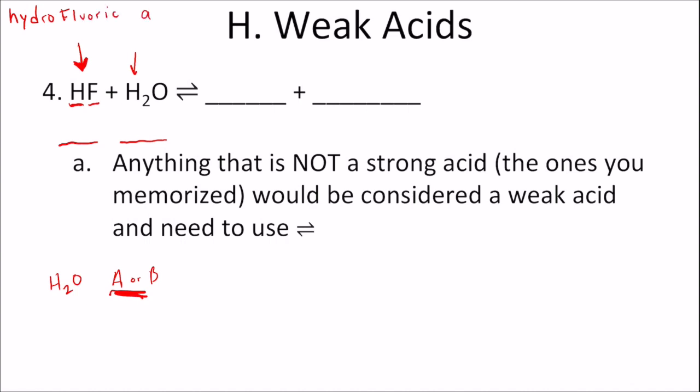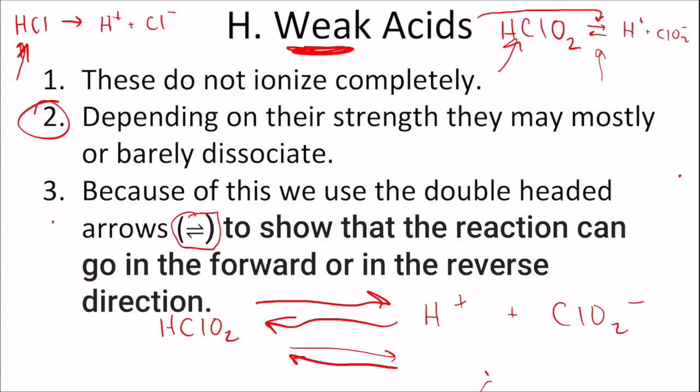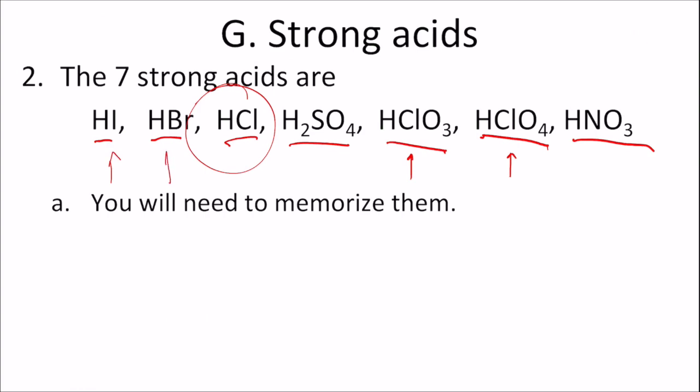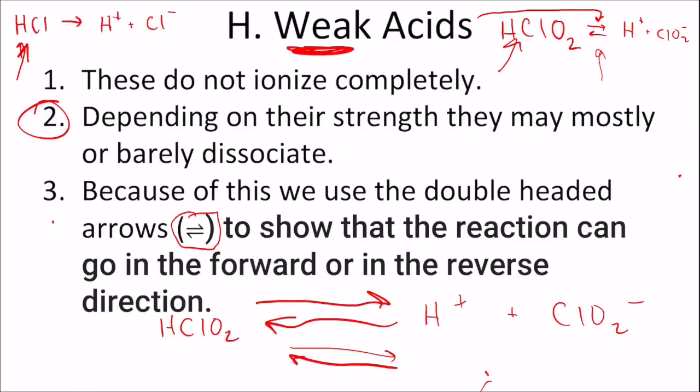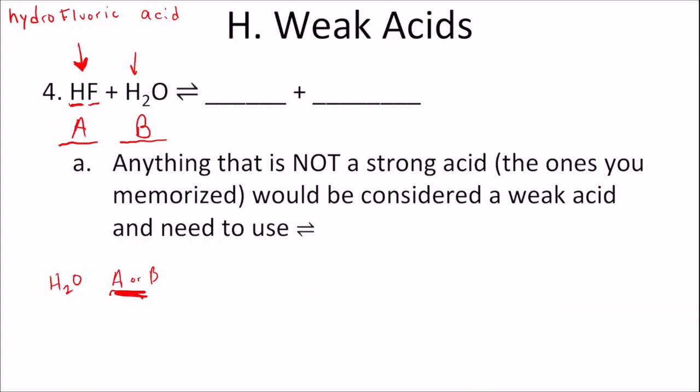So this would be hydrofluoric acid. Okay, so this is the acid. If it's the acid, that means the water has to be the base. Now, is it strong? Is it weak? So then HF, we go back to our chart that you're going to memorize. We look. It's not on here. So therefore, it's going to be a weak acid. So it's good that they used the double-headed arrows.